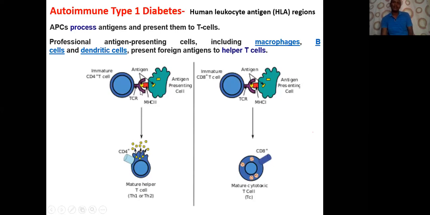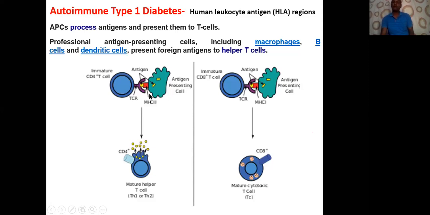So these T cells, that is T lymphocytes, will have the receptor, and the macrophage takes up the antigens, and then these antigens will be processed and presented to the T cells. The T cells can be of CD4 or CD8 type. Finally you will have the mature T cells, and once they form mature T cells, they can recognize the antigens and then produce the antibodies.